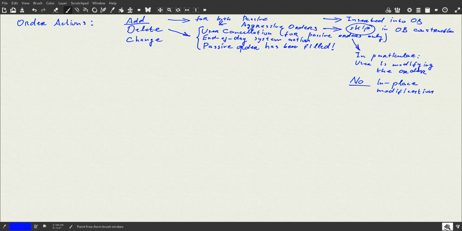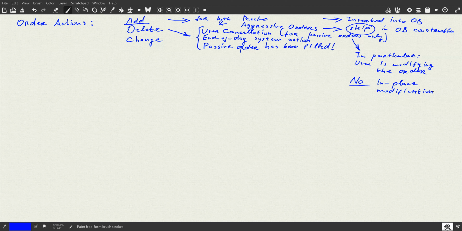Changing price, if you remember the structure of our order book, really means that first you cancel your original order and then you place a new one. Changing quantity, when just a new quantity is to be inserted but the price is the same, theoretically could have been done in place.